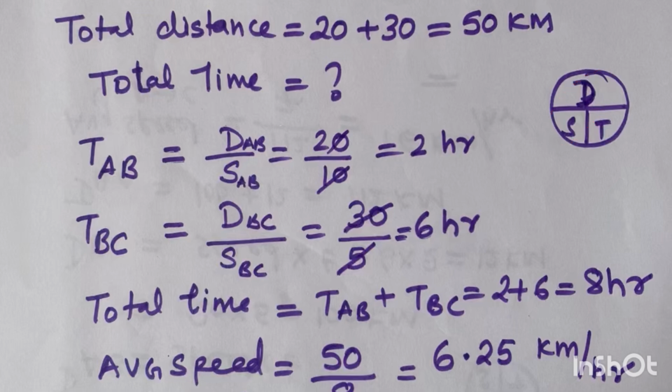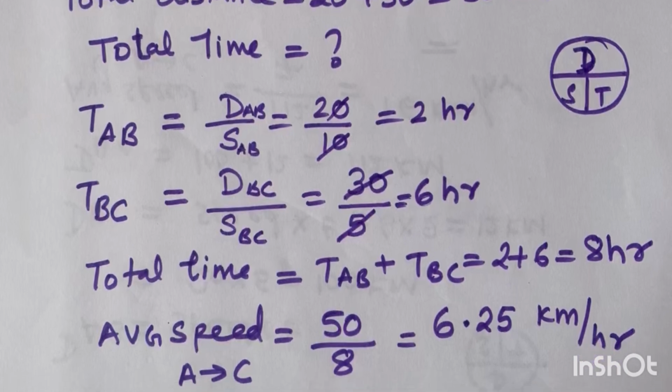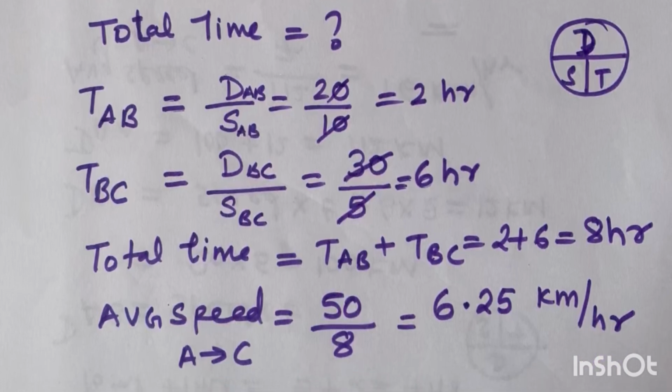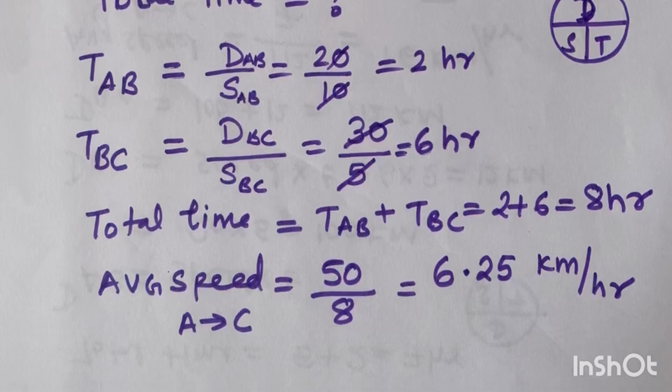Similarly, time it will take to move from B to C is distance 30 divided by average speed during BC, that is 5. So 30 divided by 5, it is 6 hours. Now total time is 2 plus 6, that is 8 hours. So average speed from A to C is 50 divided by 8, that is 6.25 kilometers per hour.